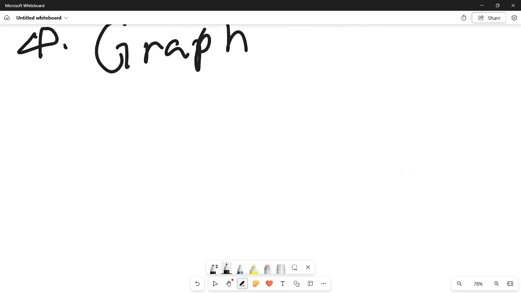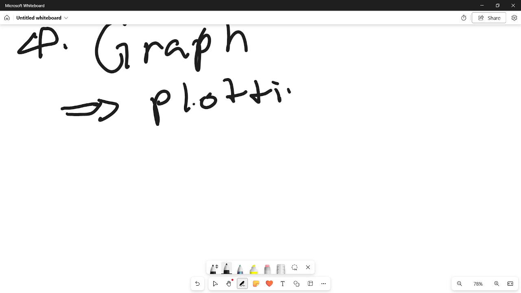In our case, I'll still use the same example. We are basically plotting points x, comma f of x.